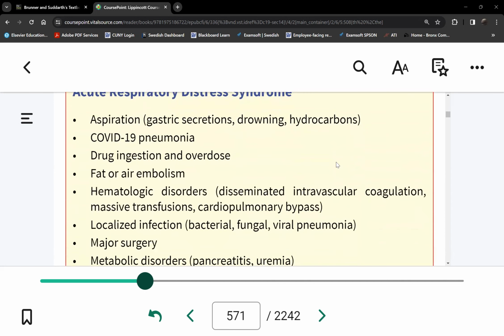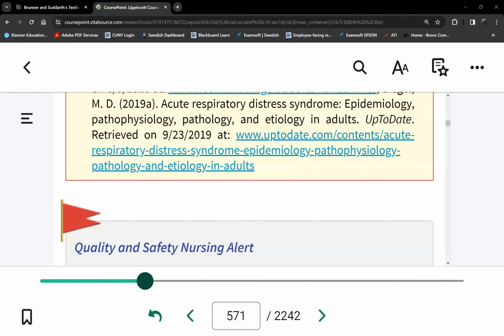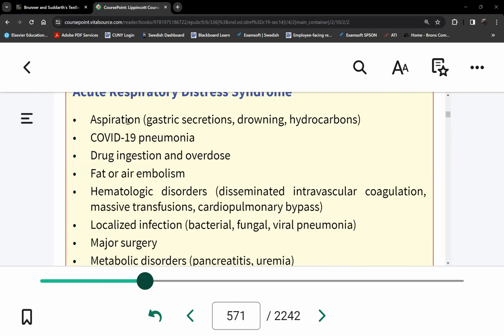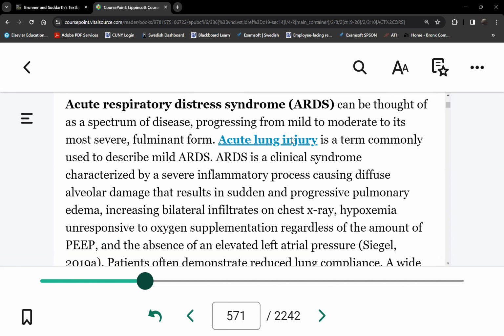Look at the causes. Are they lung related? Some are. Let's say aspiration. Basically, I would name this chart causes of acute lung injury. Remember, it mentions here acute lung injury.